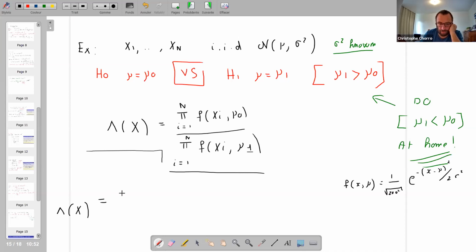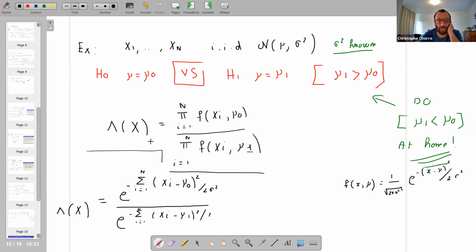So it will be exponential of minus the sum from i equal to 1 to capital N of (xi minus mu 0) square over 2 sigma square, divided by the same thing with mu 1 instead of mu 0.